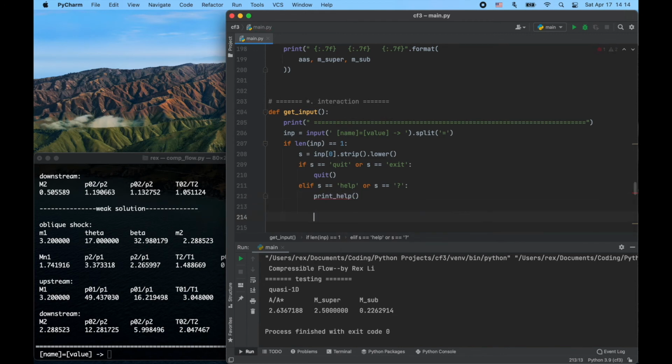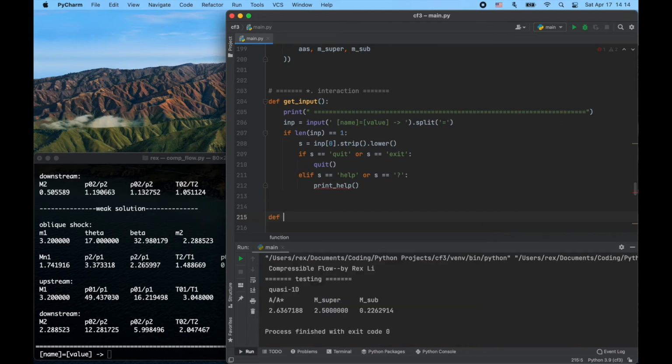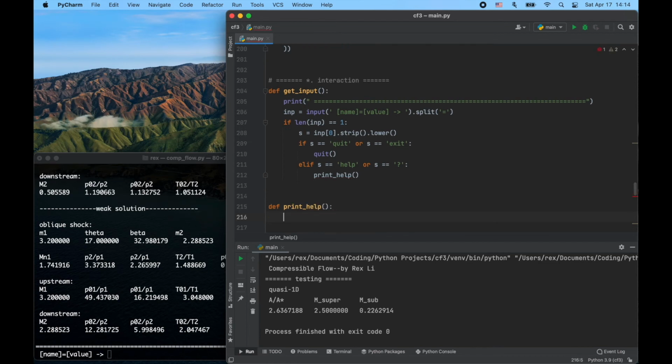I need help. All right. And if this is something else, at this moment, I will just say, okay, it's wrong input format and return. So nothing is done. Let's give it a test.